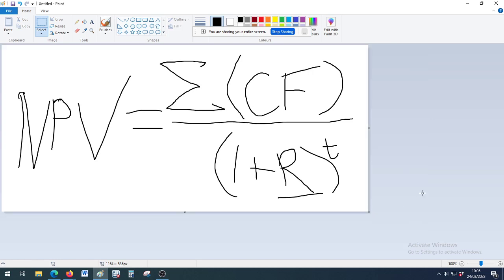So if you have to do that somewhere at your firm, nobody will give you these cash flow values on a platter, right? You will have to be able to get these values from the financial statements on your own.